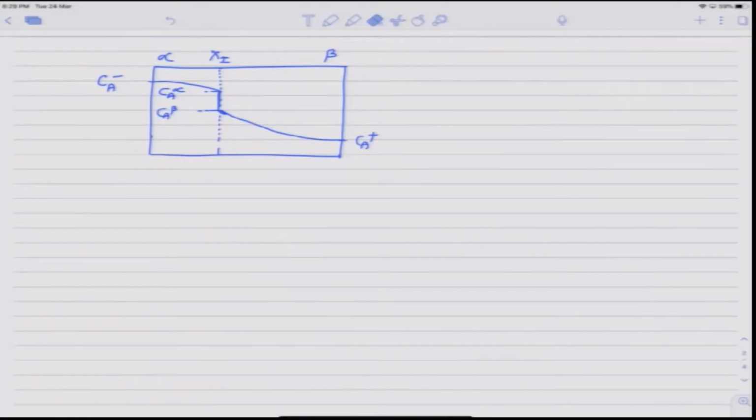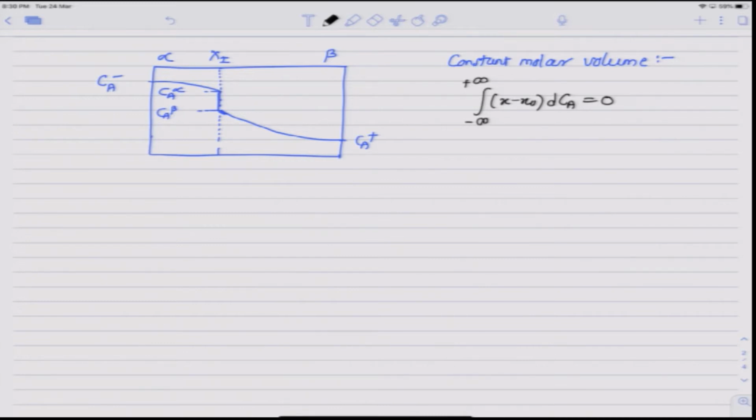So, for constant molar volume, we know for finding the Matano plane, which is the first task in the analysis of diffusion profiles, we can use the formula integral minus infinity to plus infinity of x minus x naught dCA equal to 0.